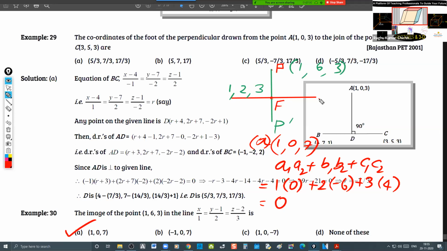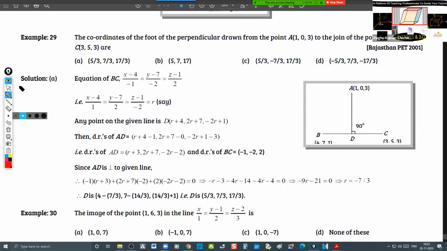If you find F, P dash is twice F minus P. So whatever image is to be found, it is proceeded through the foot of the perpendicular only. This is the method and the cross verification.